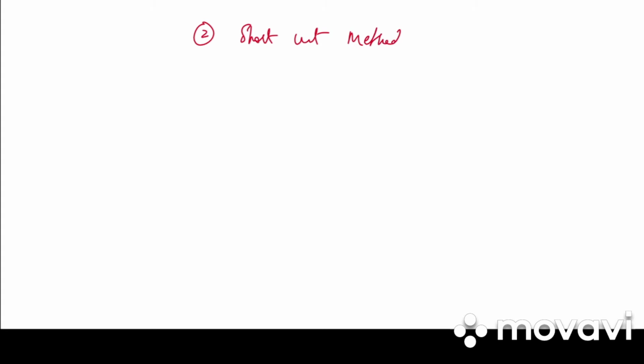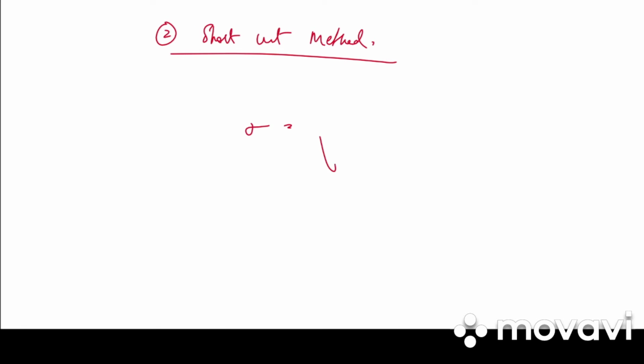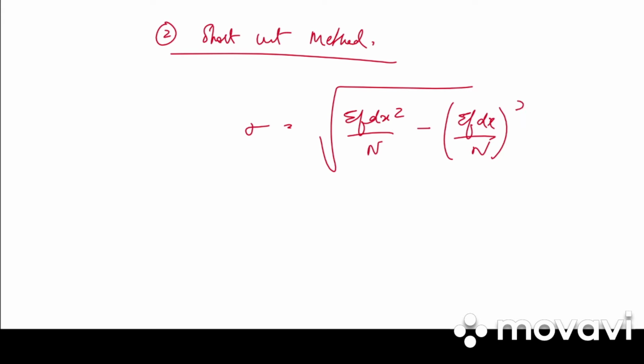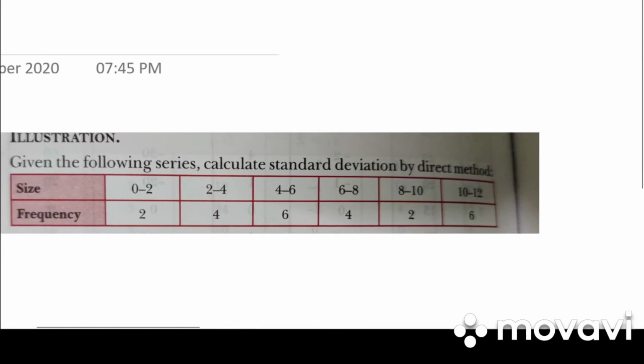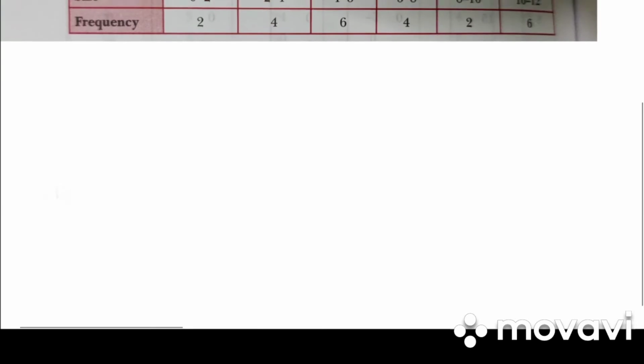Shortcut method. So what is the formula? Standard deviation is equal to square root of summation fd x square divided by n minus summation fd x divided by n the whole square. So take down the problem. Calculate standard deviation using shortcut method. So again they have given us size, frequencies.